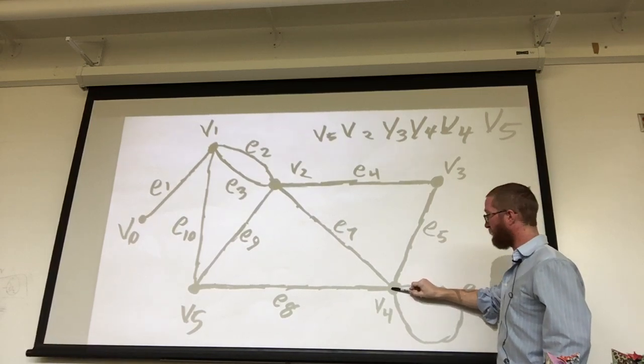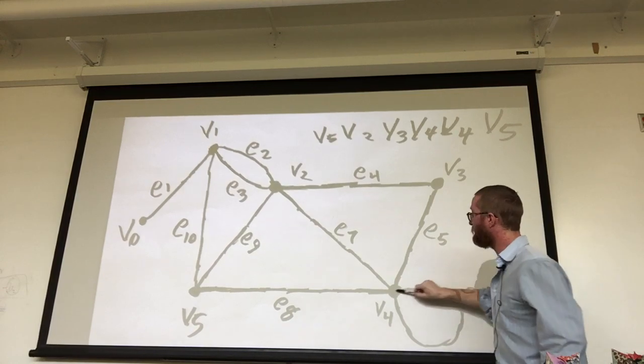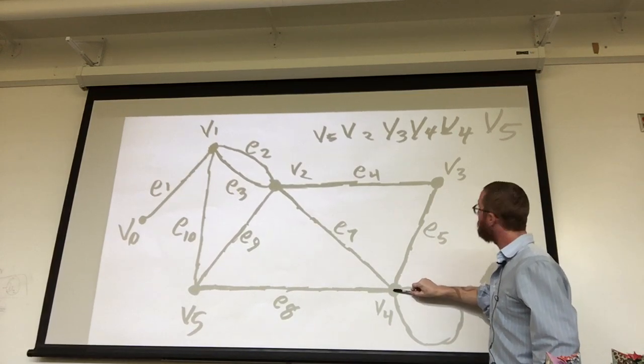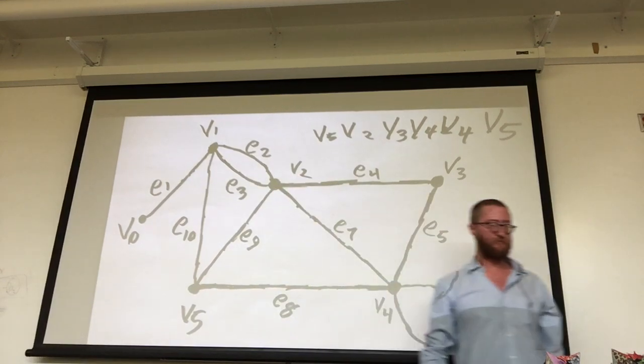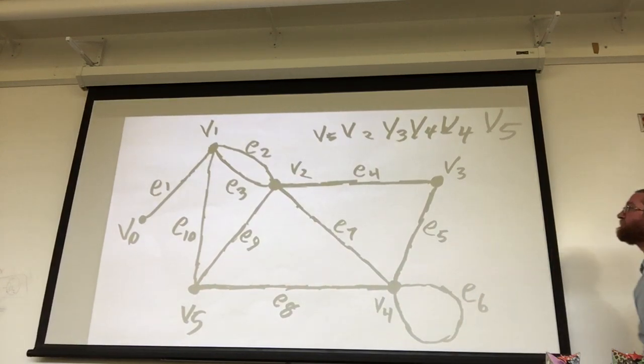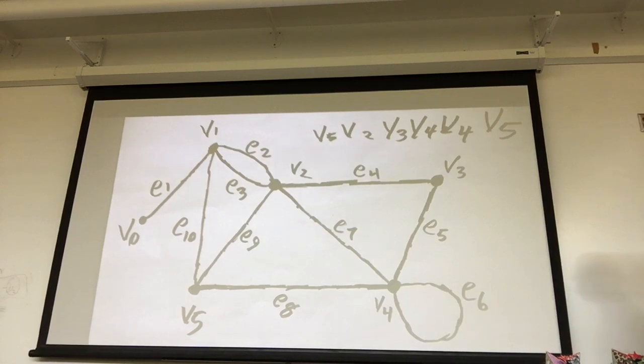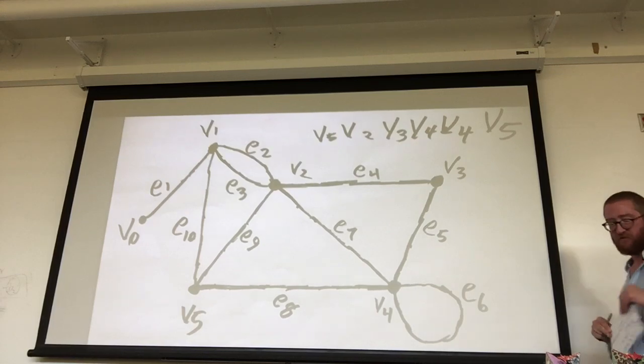How do I get from V4 to V4? That would be this loop right here, and then V4 would map over back to V5. So there's no ambiguity about how we're going to achieve this.